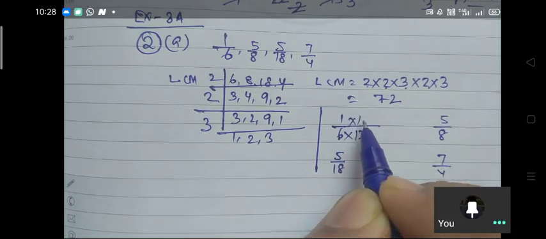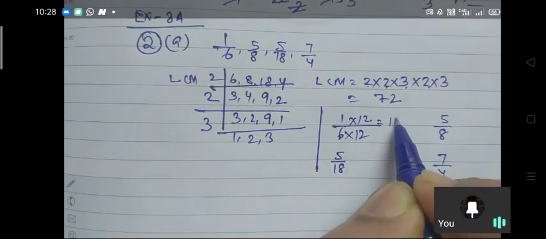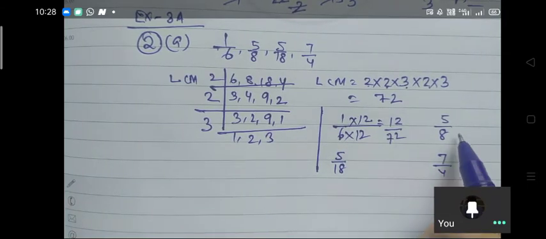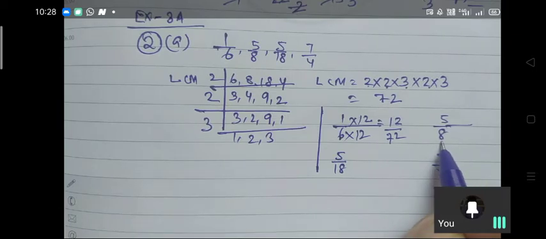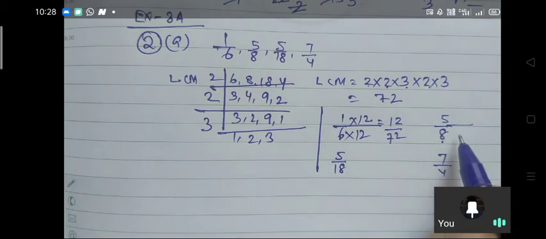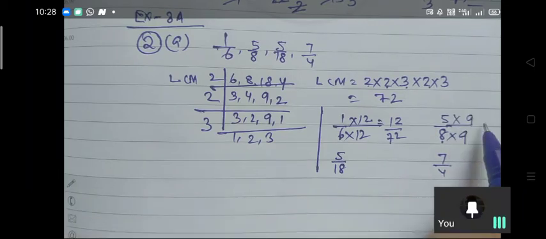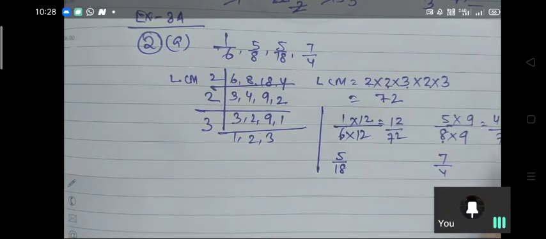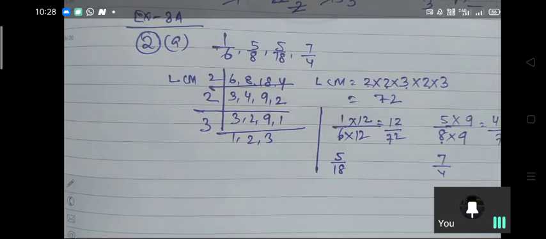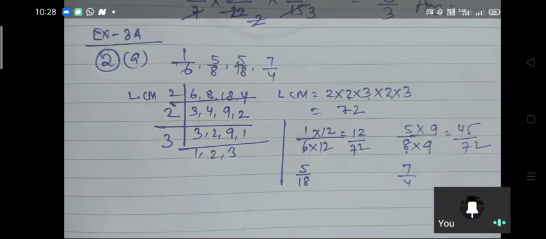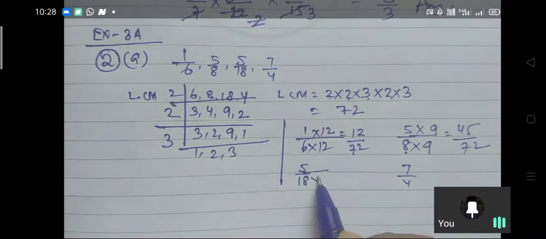By 12, if we multiply, this gives 12 by 72. Now, 8 is the denominator. What can we multiply to get 72 in 8? We can say that 9. By 9, if we multiply, we get 72. So 45 by 72 we are getting here.